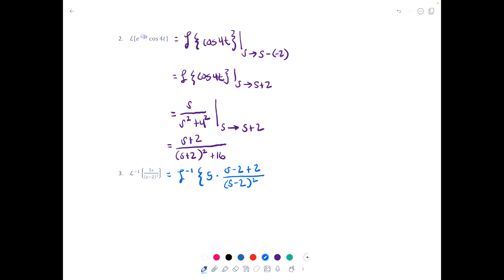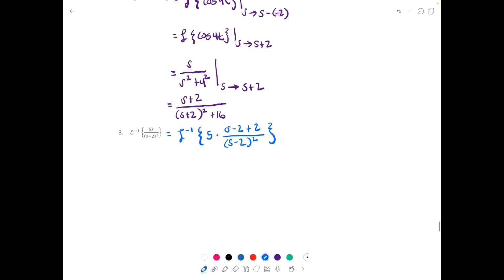And then continuing, we'll have the inverse Laplace transform. We can bring the 5 to the front. And then we'll have s minus 2 over s minus 2, the quantity squared, plus 2 over s minus 2, the quantity squared.